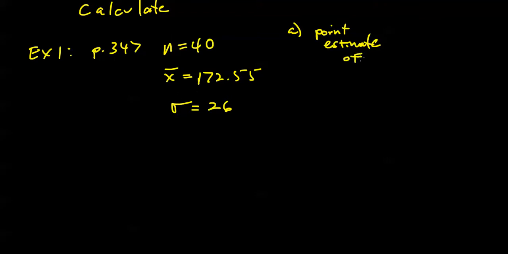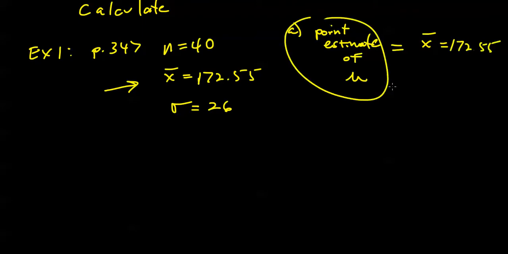So my point estimate of mu, well, I suppose the best point estimate we can imagine for a population mean is a sample mean. And the sample mean for this problem was 172.55 given to us. Alright, so this I'm calling my point estimate of mu. In other words, the sample mean is my point estimate of the population mean. And again, maybe that's a good estimate, maybe that's not a good estimate, depends on the sample, I suppose.